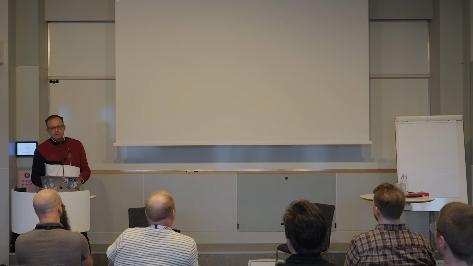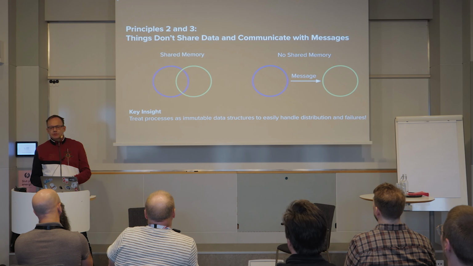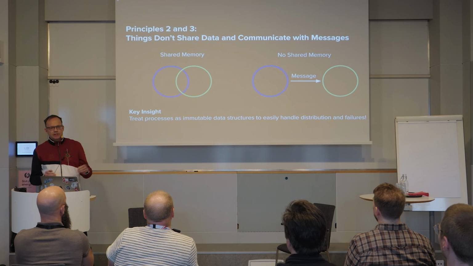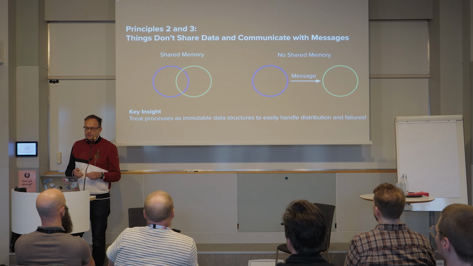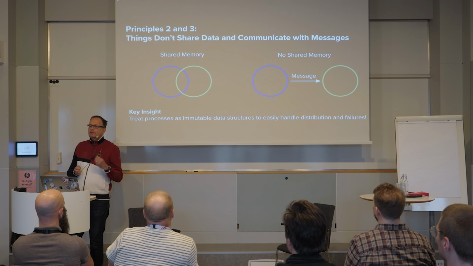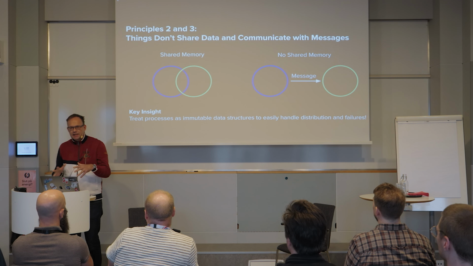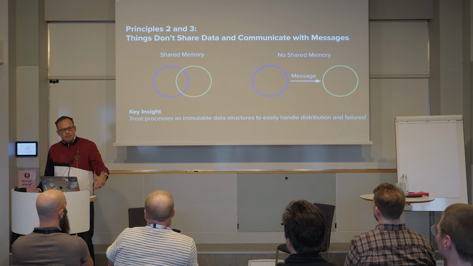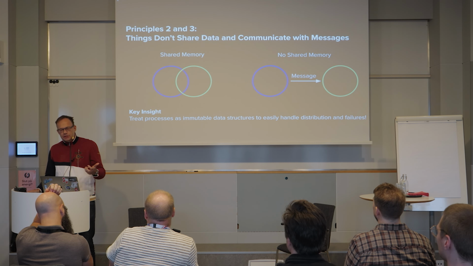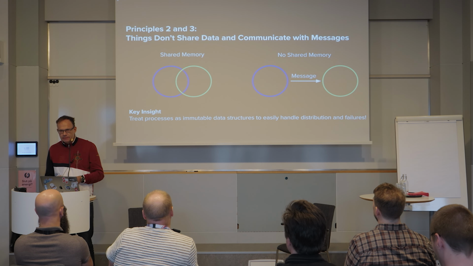The world is concurrent. 2 and 3, don't share data. Communicate with messages instead. Don't use a shared memory. Send messages. Because if you treat your processes as immutable data structures, you will have a much easier way to handle distribution and failures.